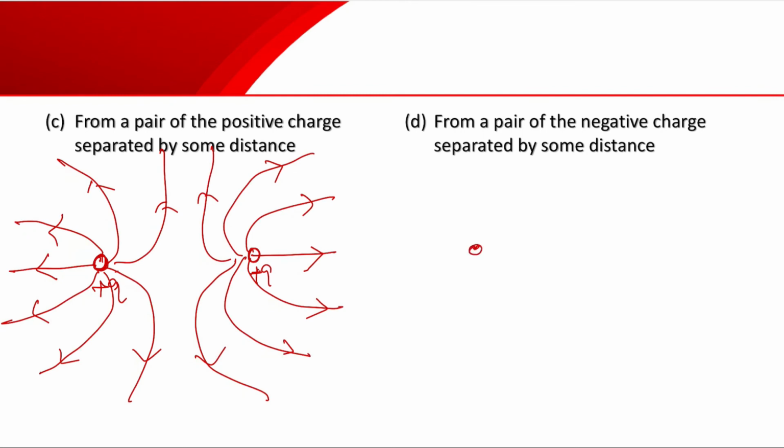Okay. Similarly, for a negative point charge, if here is a negative point charge minus Q, and here is also a negative point charge minus Q, for that we can draw. It will be similar to this one, but the only thing is that the arrow will be different in this case. So in this case, it will be like that. Electric field lines will come from positive to negative.